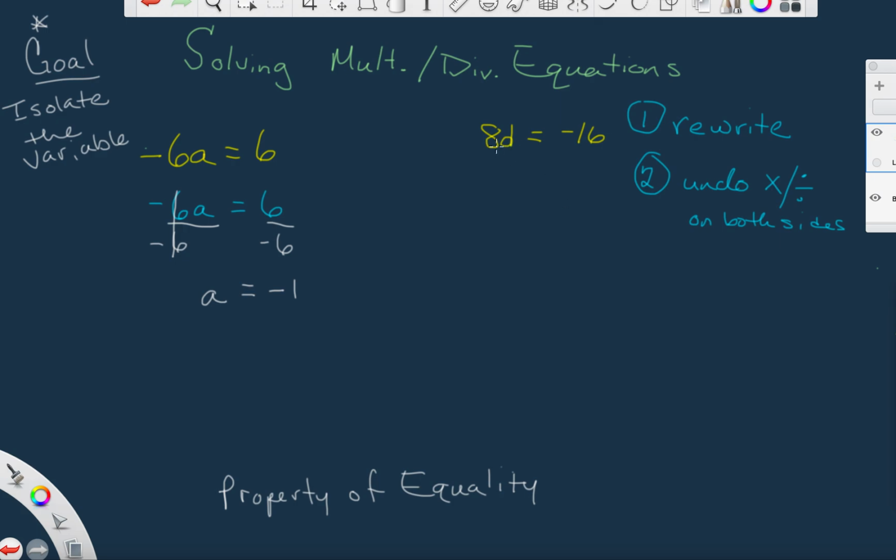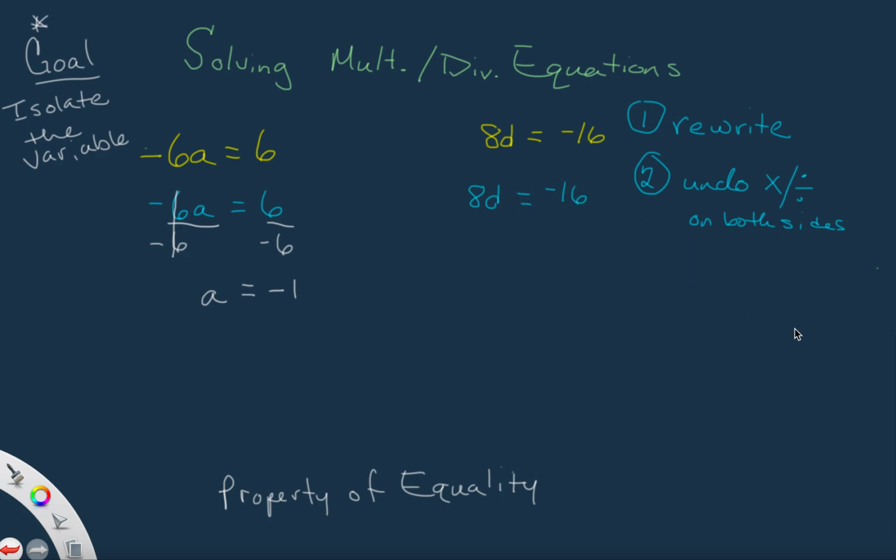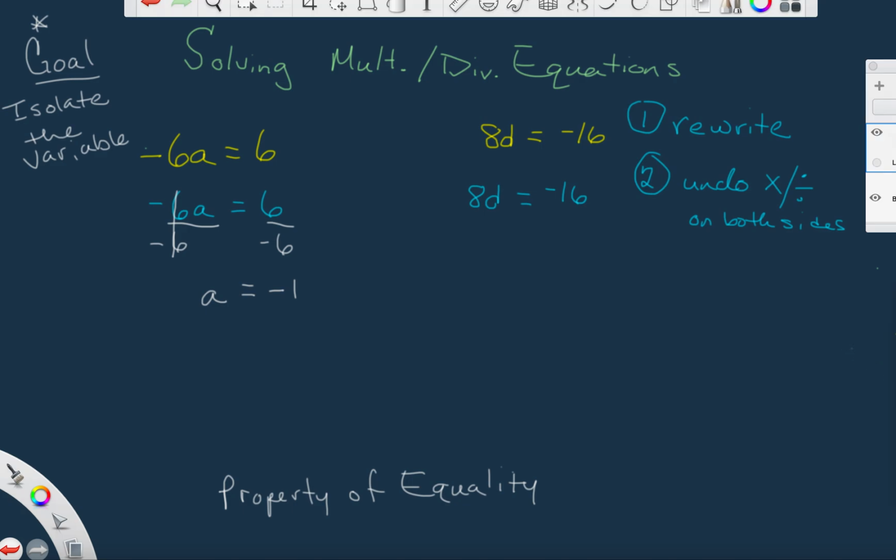Okay, and so I'm going to go ahead and rewrite this equation. I'm going to give myself just a little bit of space. 8d equals negative 16.